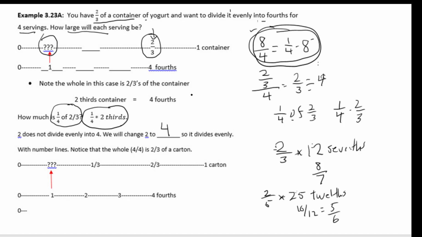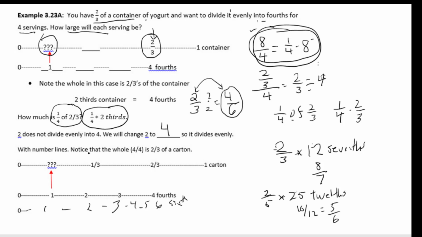I have 2/3, and I'm going to change the top number into a 4, so what would be the bottom number? If you guess 6, you would be correct. So 2/3 is equivalent to 4/6. It's the same number. So I'm going to change these into sixths.